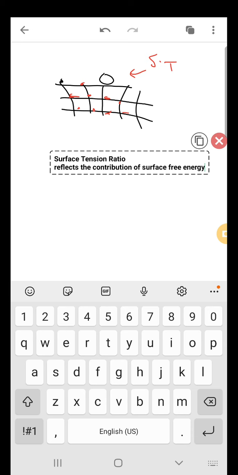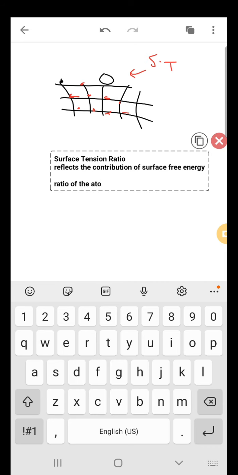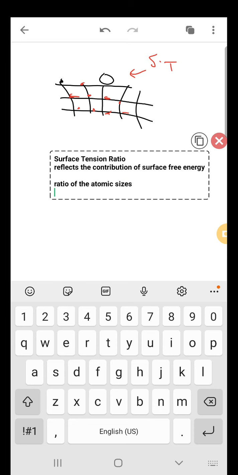Whereas the ratio of the atomic sizes contributes to the lattice strain energy.